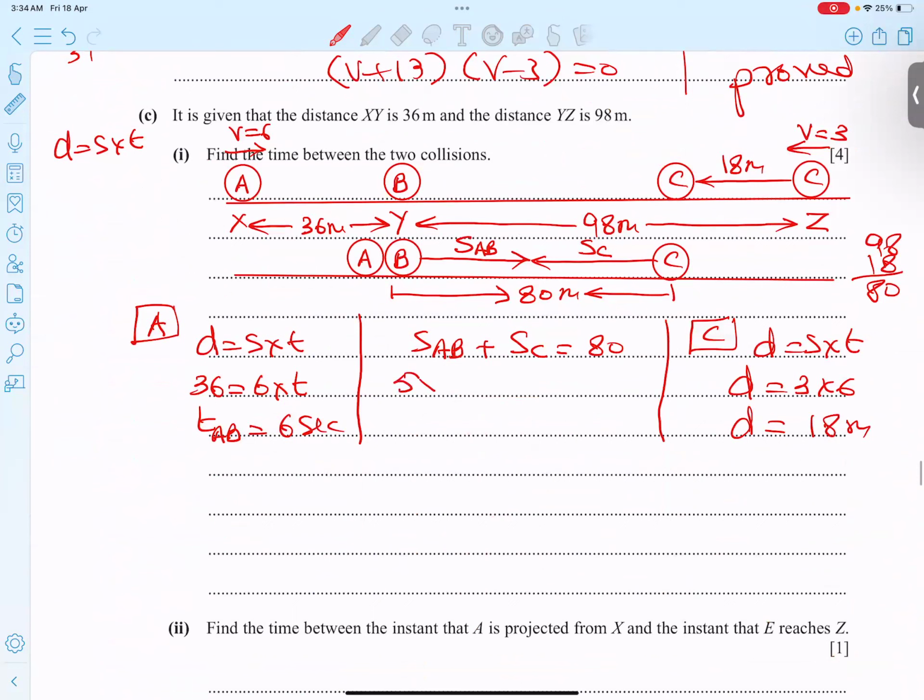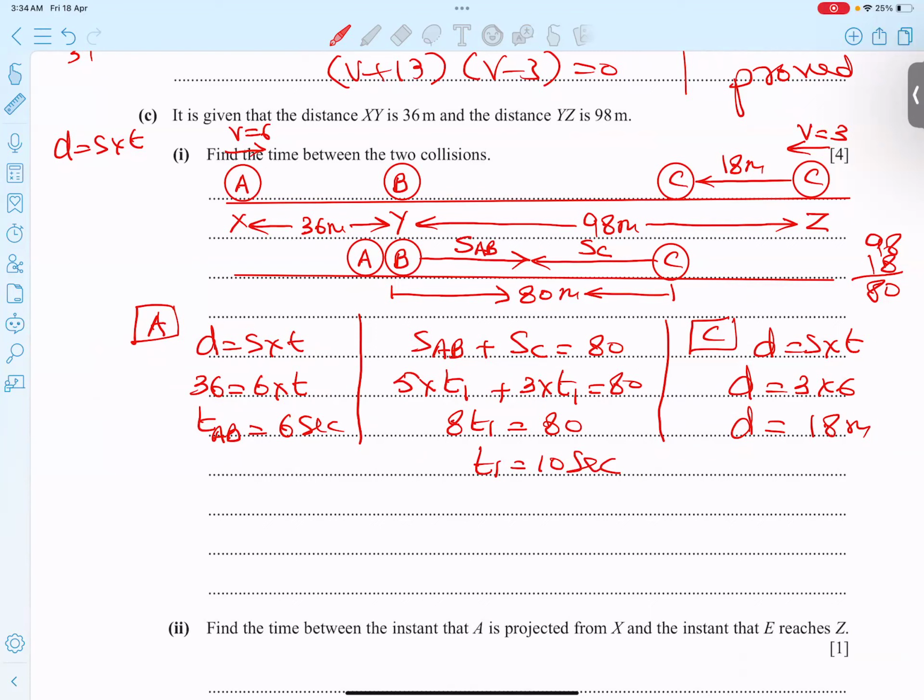So 5 times t, I call this t1. What about C? The speed of C is 3, you know it very well. So 3 times the time of C, but their times are the same. I label it t1. 5 plus 3, 8 t1 is equal to 80, and time t1 is 10 seconds.